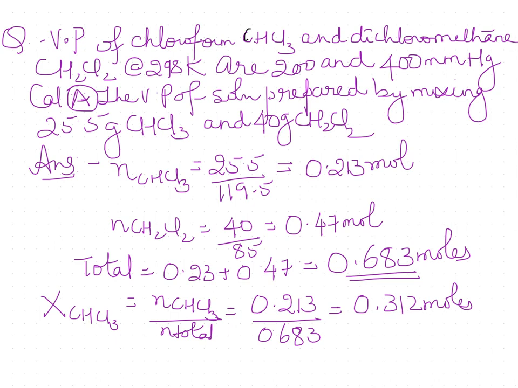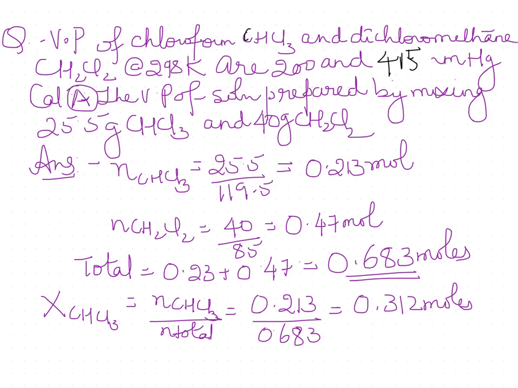So the question is: vapor pressure of chloroform CHCl3 and dichloromethane CH2Cl2 at 298 K are 200 and, sorry, it is not 400, it is 415 mmHg.